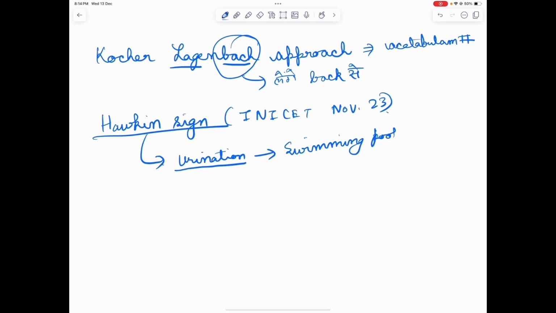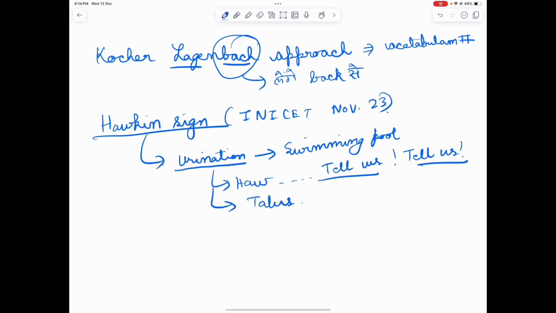So if accidentally one guy is caught urinating, everybody in the pool will want to know who has done that. Everybody would say, "Oh, that would be a cause of shame. Oh, tell us." Everybody will ask to tell them. So it will be tell us. And also, since I have used the swimming pool here, remember that this Hawkins sign, the swimming pool sign, is seen in Hawkins.